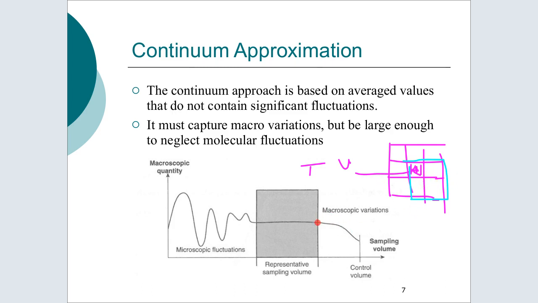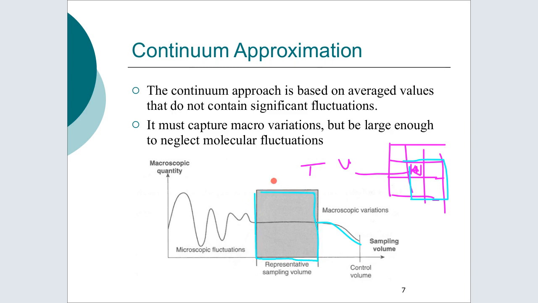So you start to get these changes in the macroscopic variations. Okay, so spatial gradients, for example, that wouldn't be captured. So your grid needs to be fine enough that essentially what you're representing is a point.